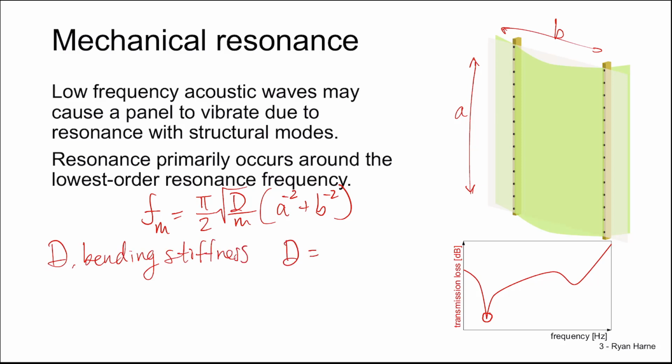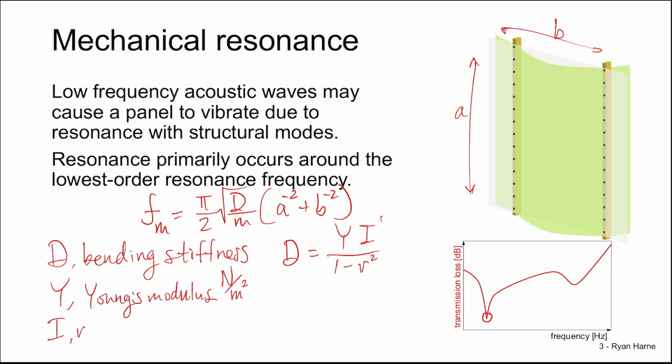D is determined from an equation of Y, the Young's modulus, multiplied by the moment of area, I prime, divided by 1 minus nu squared, where nu is the Poisson's ratio. So Y is the Young's modulus, with units of newtons per meter squared.